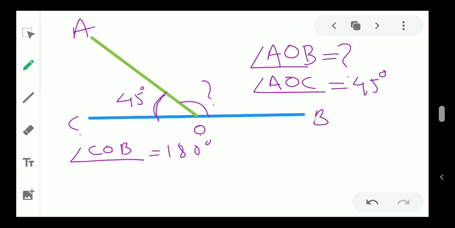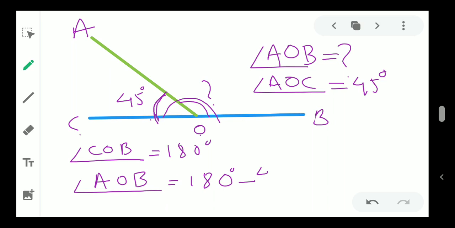You have to just subtract it. So your AOB will be your 180, that is my total angle, this total angle minus my 45 degree angle. So it will come 135.